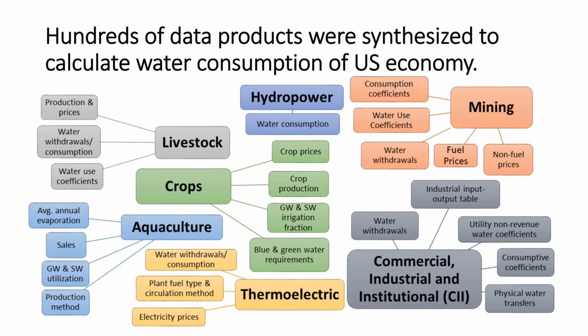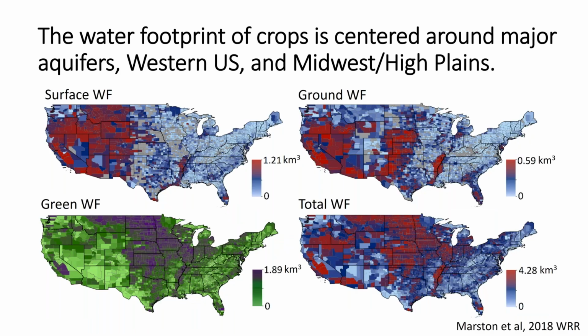And so, as I mentioned earlier, crops and the food that we eat is what requires most of the water that's used within the economy. Showing this here spatially, if you look at the groundwater footprints, which is on the right, WF stands for water footprint. You might see that a few more times throughout the presentation.